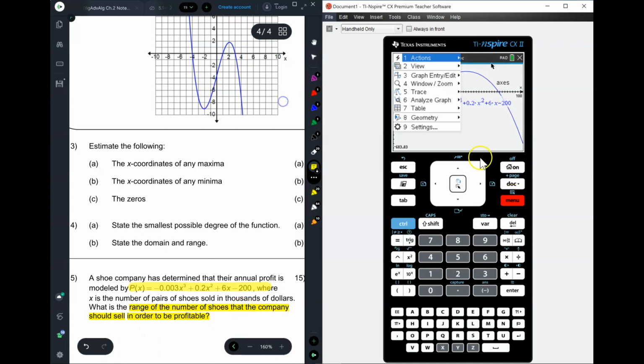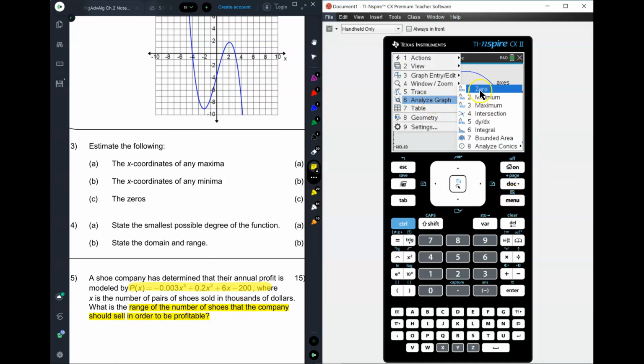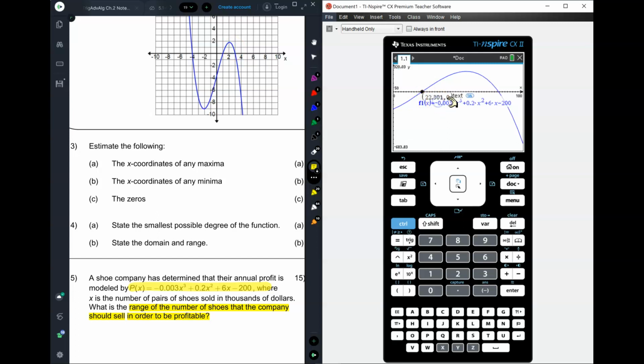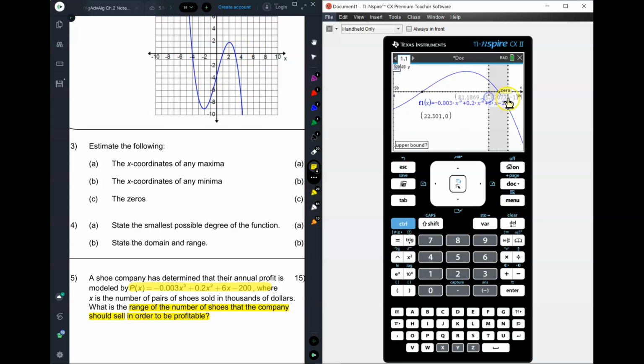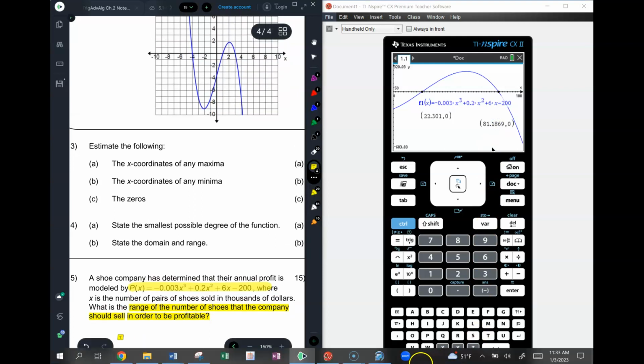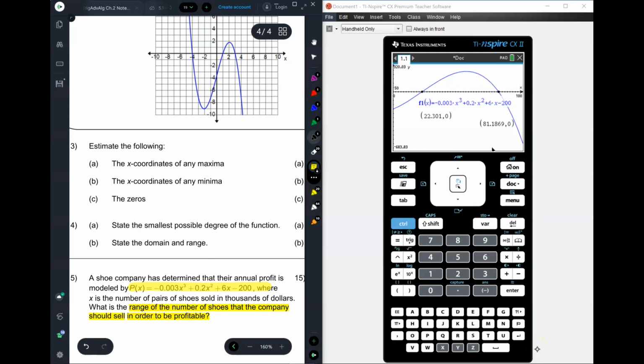So menu, analyze graph, zero. 22.3 is one, and what's the next one? 81.2. So the zeros are X is 22.3 or 81.19.